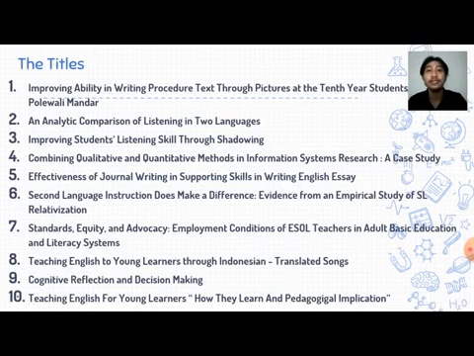The first one is improving ability in writing procedure text through picture at the 10th year student of SMA N 3 Mandar. And the second one is an analytic comparison of listening in two languages.